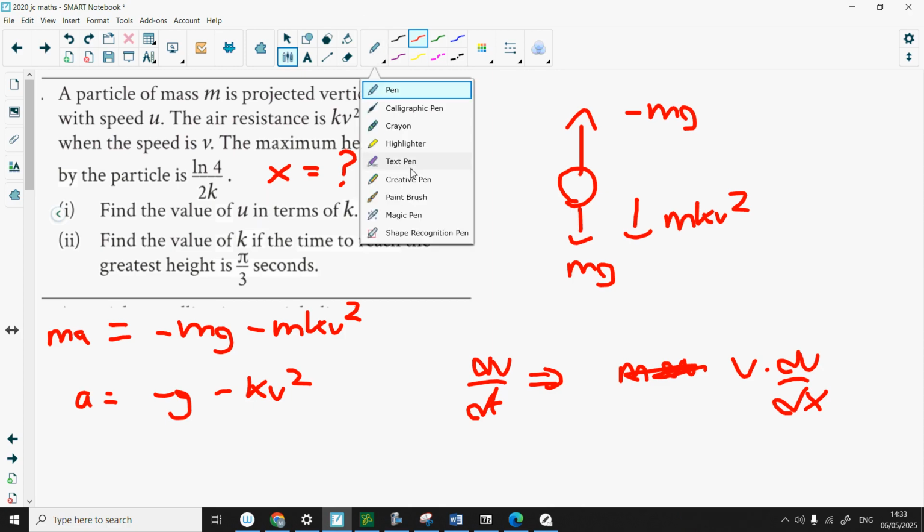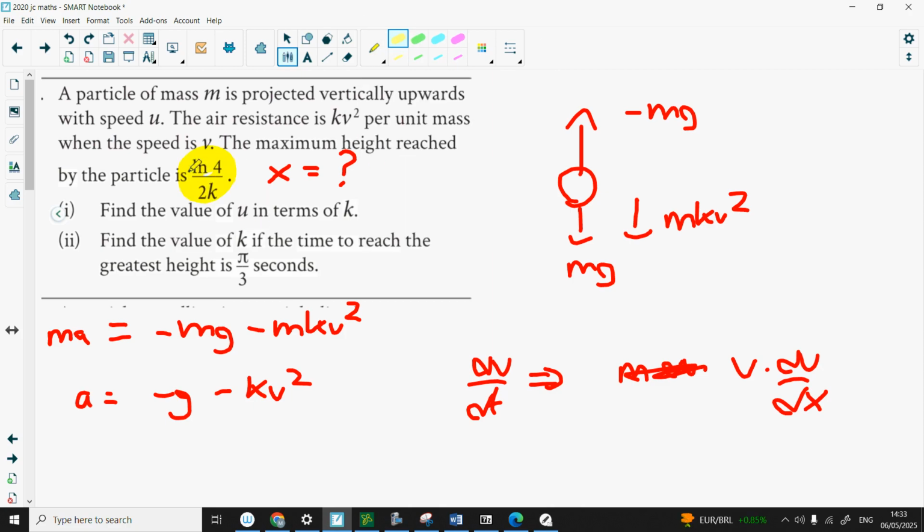The reason being is it gives us one of the limits. The limit it gives us is a distance limit, which indicates we should use x. u is its velocity, which indicates v dv/dx, not the v dt. No mention of time. Many people went for the v dt. Good.